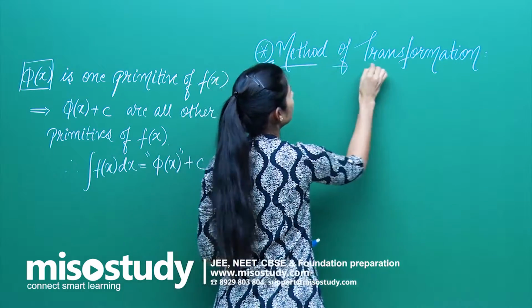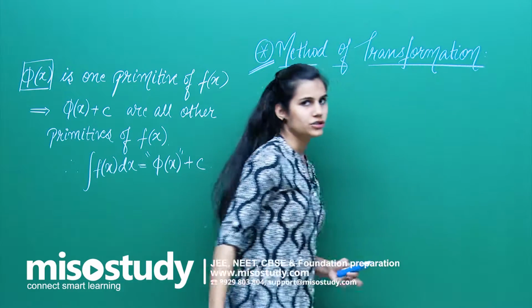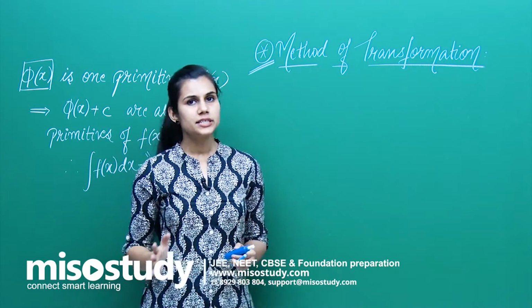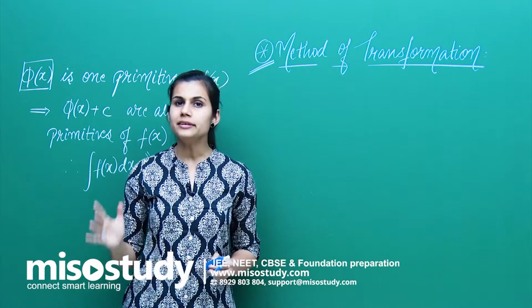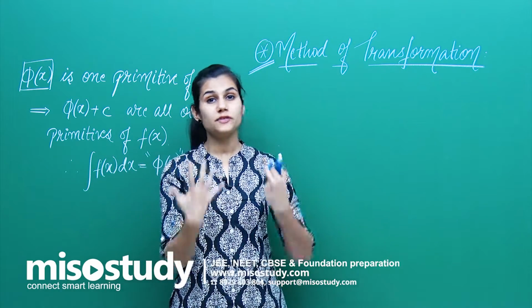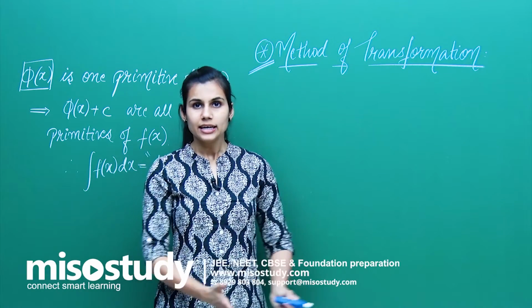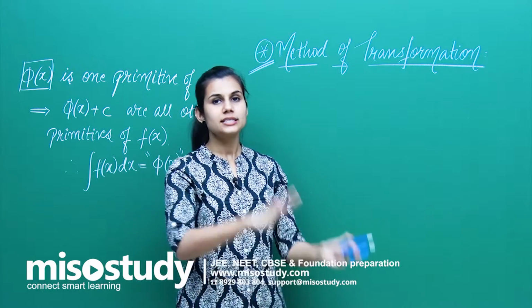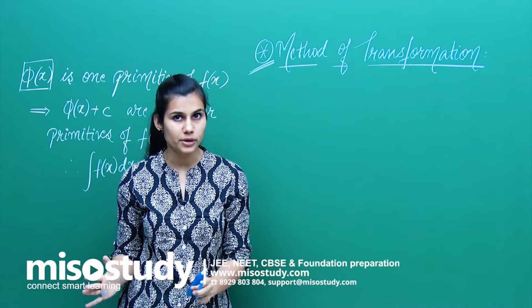Now, why am I calling it method of transformation? We all have visited some standard results, some standard integration formulas based upon all those functions whose differentiation we knew, right? The standard differentiation formulas led to some standard integration formulas.